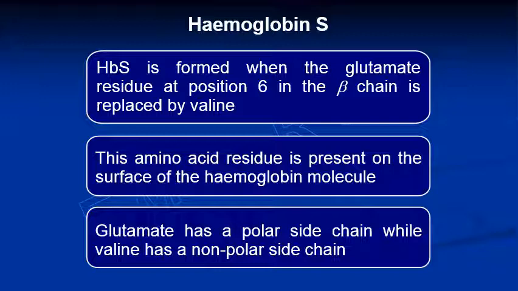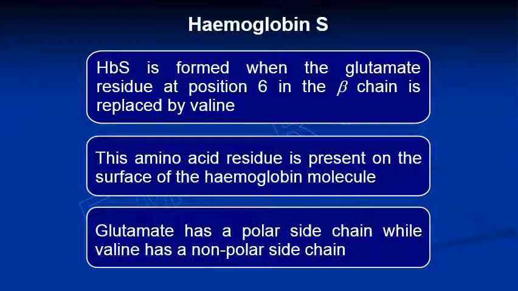This will result in the formation of hemoglobin S. Now, glutamate is a polar amino acid; it has a polar side chain. Valine, however, is a non-polar amino acid. If such a replacement takes place, it will change the properties of the hemoglobin, because in a normal hemoglobin it had a polar one on the outer surface, but now it has been replaced by a non-polar one.